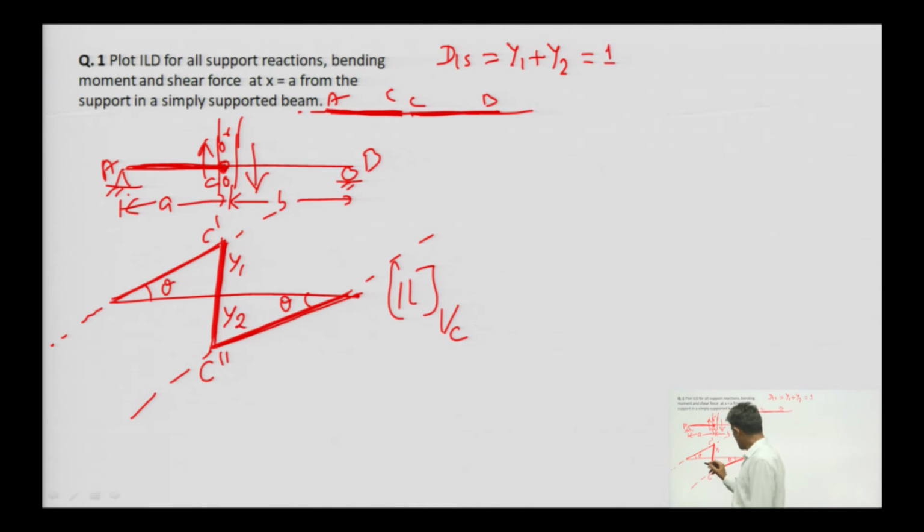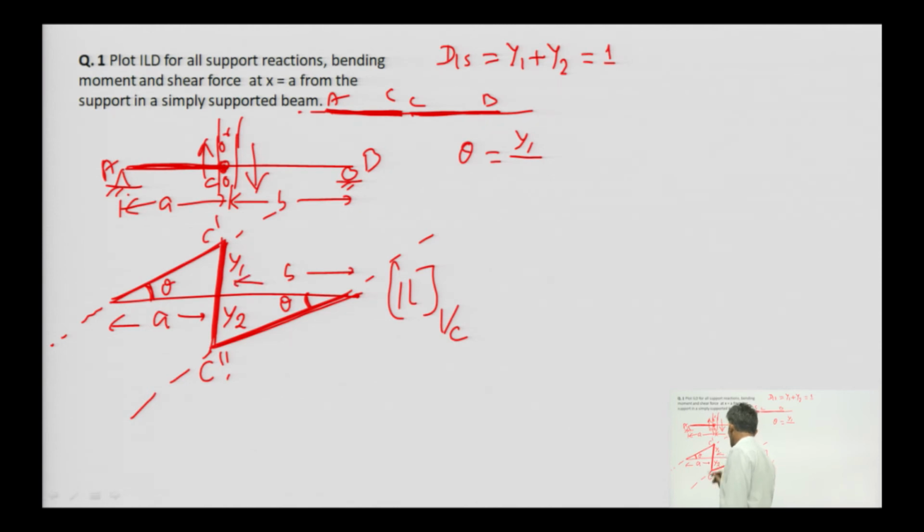Okay. So, if this is the situation, then that angle and that angle will have the same value. So, the value of y1. Okay. So, theta from that one side will be y1 by, so say this is a distance, this is suppose a distance, this is say b distance.